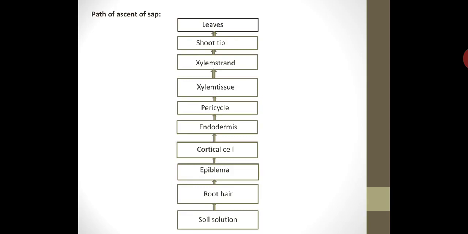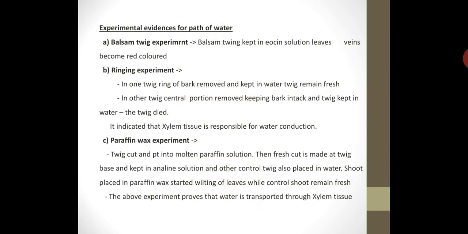Then from xylem of the root, it enters the xylem of the stem, then to the shoot apex, then finally leaves, and as shown in the figure, through the stomatal opening pores, the water is evaporated into the atmospheric air, which is the phenomenon of transpiration, that we'll study in the next topic. So this is a very simple figure shown to explain the phenomenon of ascent of sap.